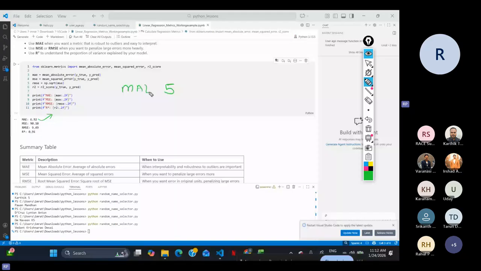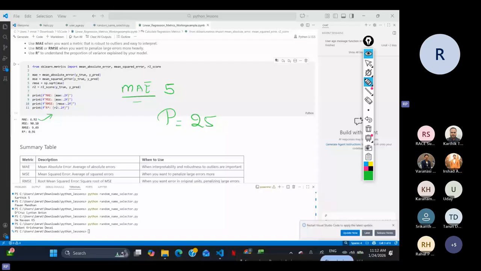Okay, so let's say for a data, I have a mean absolute error of 5. My predicted value was 25. How do I bring in this mean absolute error? So on average, you are off from the actual value by 5 units.